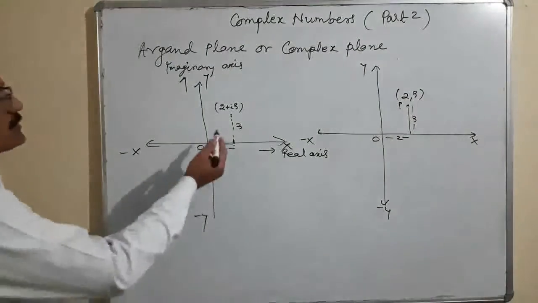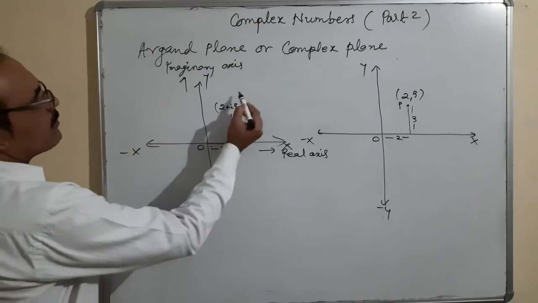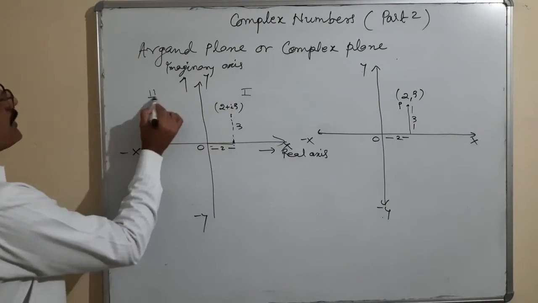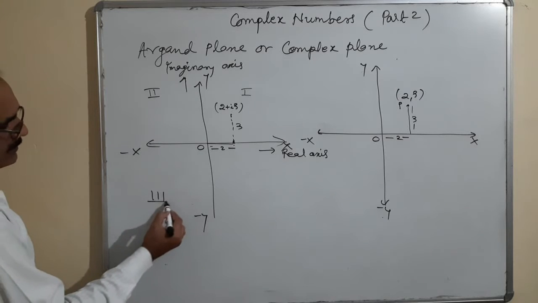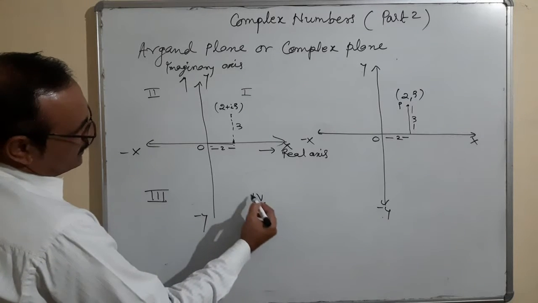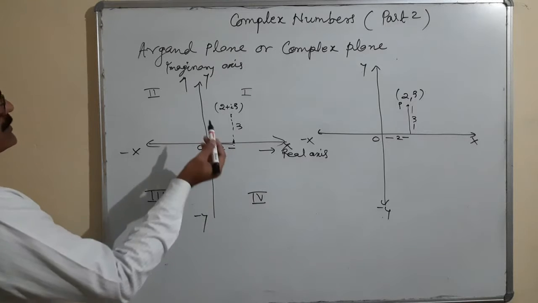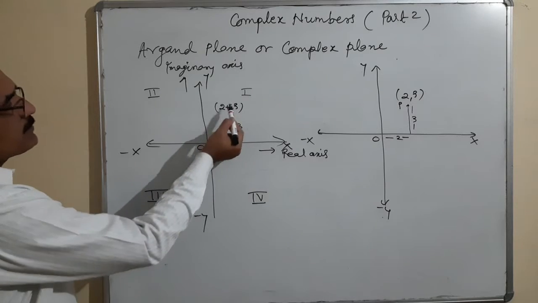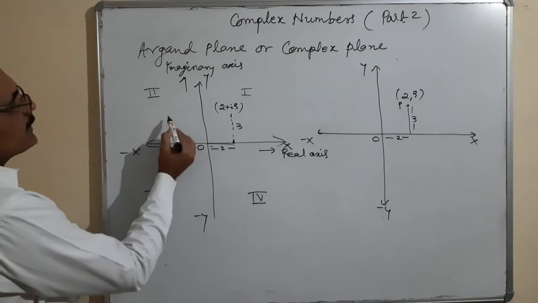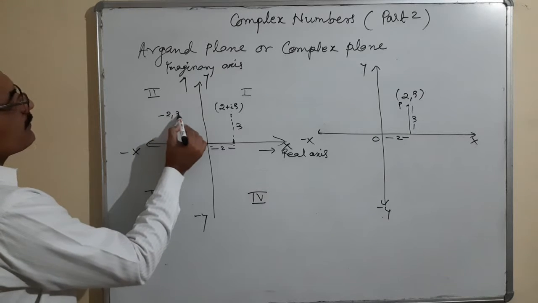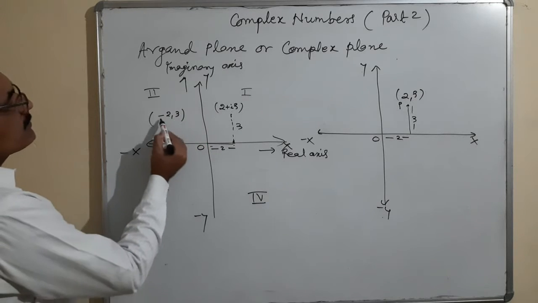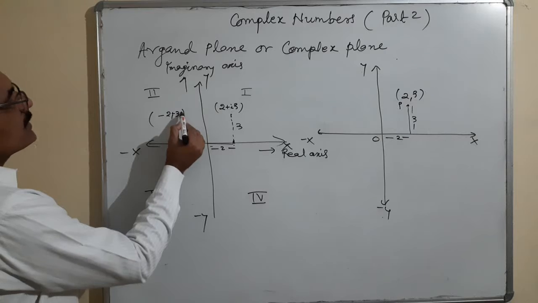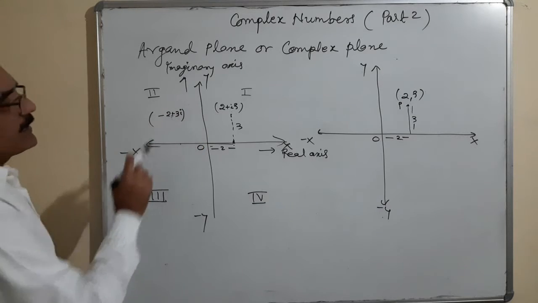Not only this, suppose we talk about the first, second, third, and fourth quadrants. If the same 2, 3 is there, I can write minus 2, 3. How do we represent this? Minus 2 plus 3i. First is negative, second is positive.